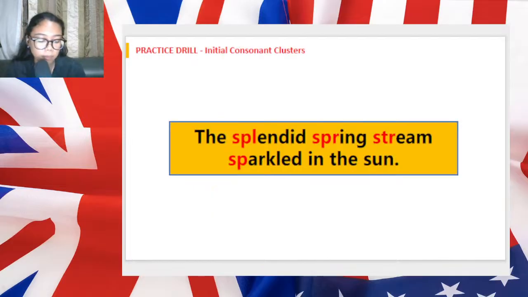What I need you to do is very easy. I just need you to read the whole sentence with me, and please give emphasis to the words that have initial consonant clusters, be it two consonant or three consonant initial clusters. I actually highlighted already the ones that are considered consonant clusters.